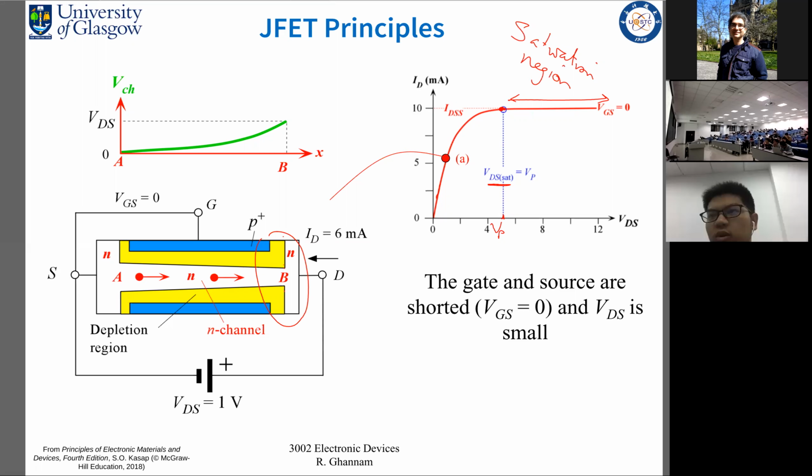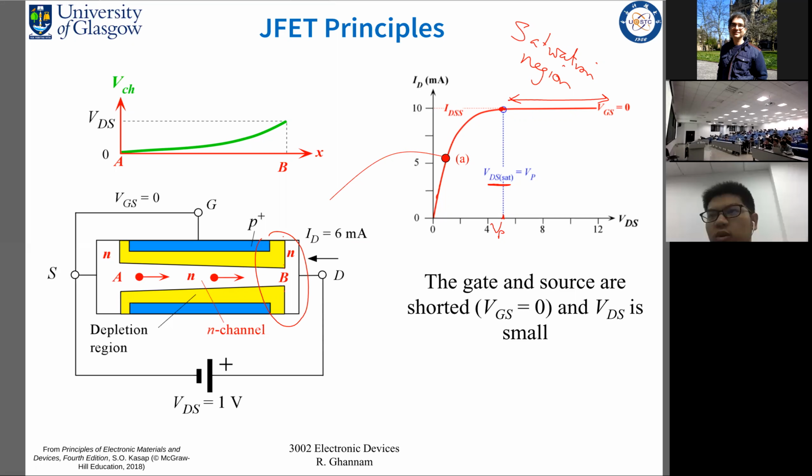And in an ideal JFET, there should be no further increase in the drain current. But in practice, obviously, this doesn't happen. This is similar to a BJT when we have base width modulation.